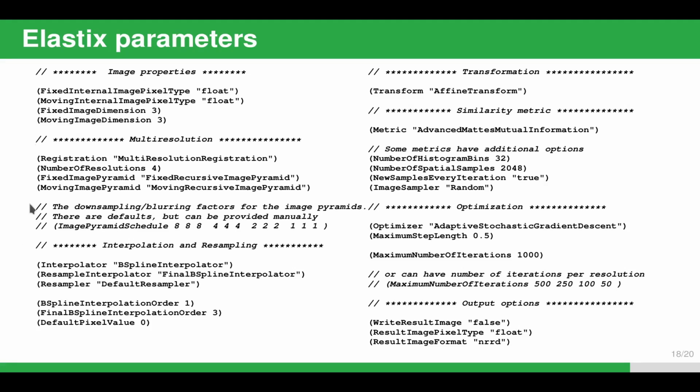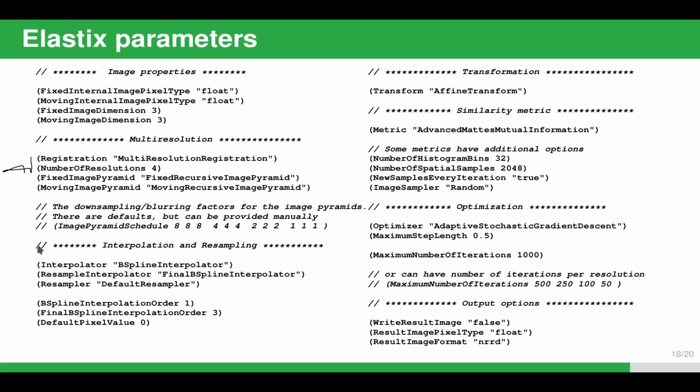Here we have a section that describes how the multi-resolution part of the algorithm works. For example, we have 4 resolution levels there, and there are default values for how to downsample the image pyramids, and usually the defaults are good, but if you'd like, you can manually provide them.